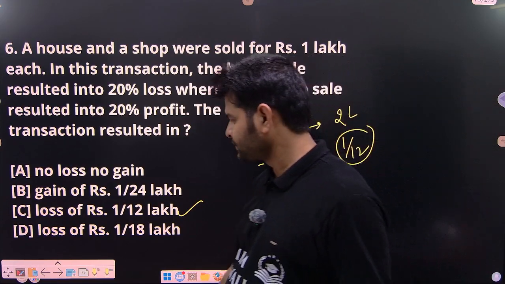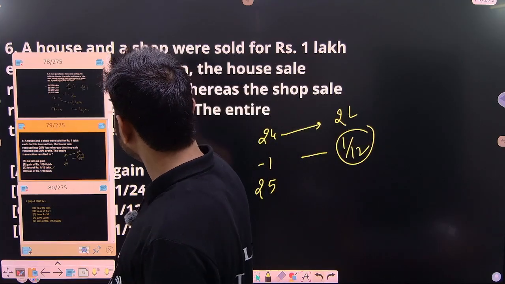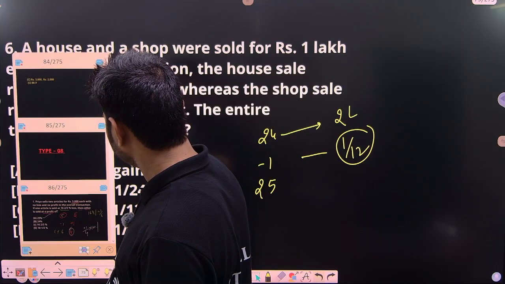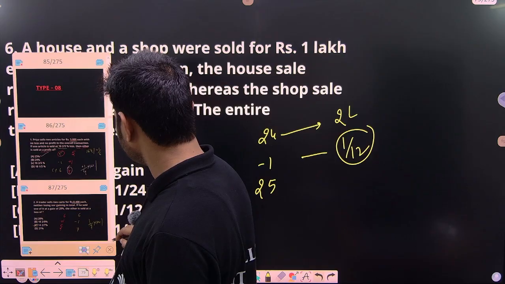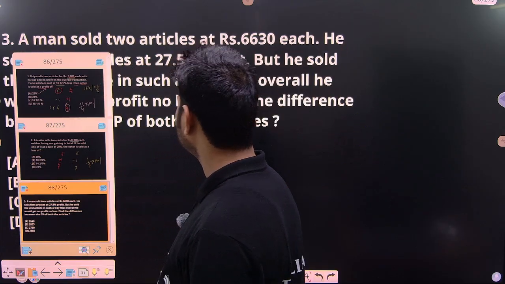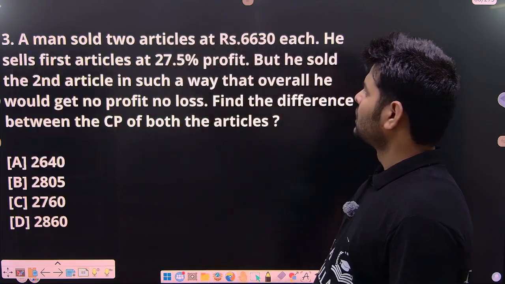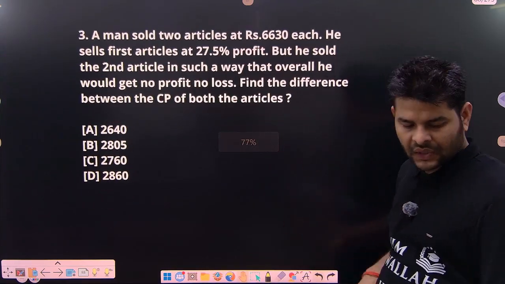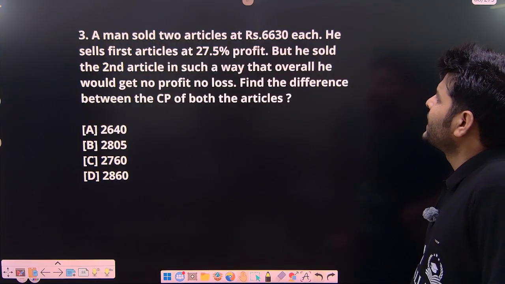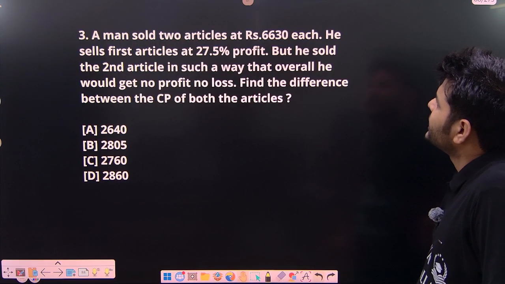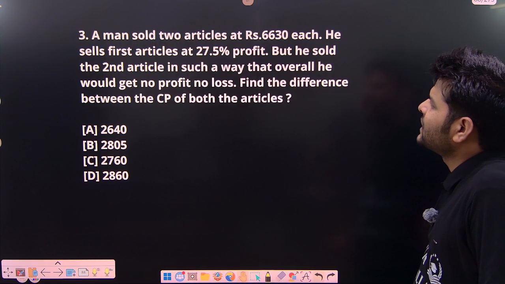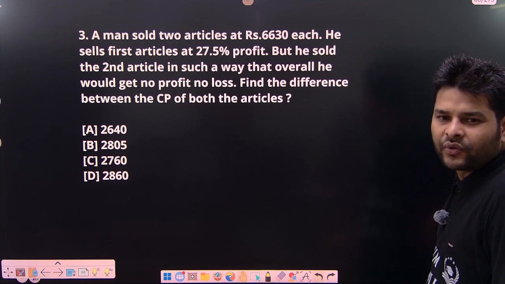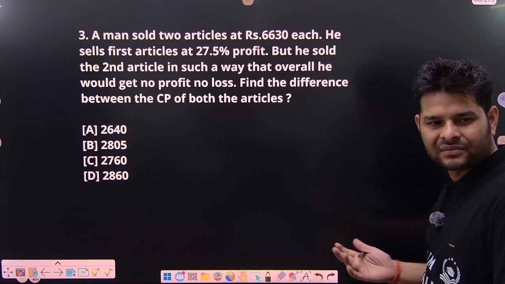Type 8. Let's move on to type 8. Type 8 question 3. A man sold 2 articles at rupees 6663 each. He sold the first article at 27.5% profit. So what would be 27.5 of 100? Same.